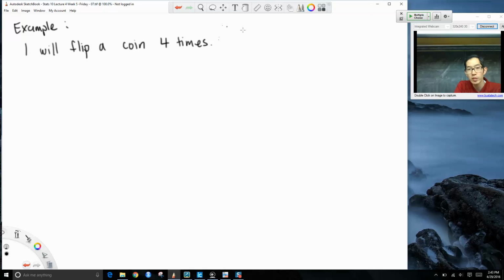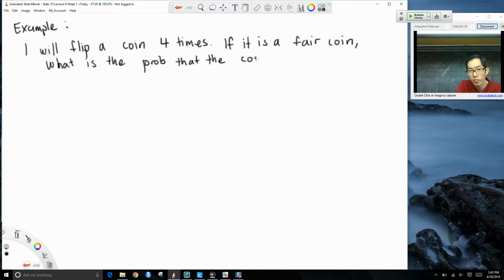And I want to know, if it's a fair coin, what is the probability that the coin lands heads 3 times?